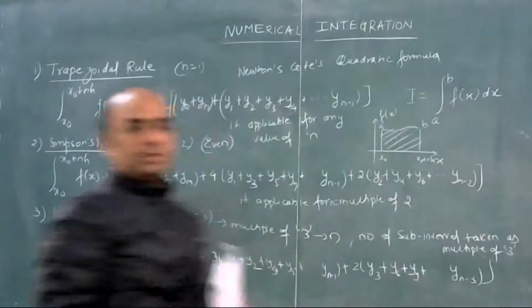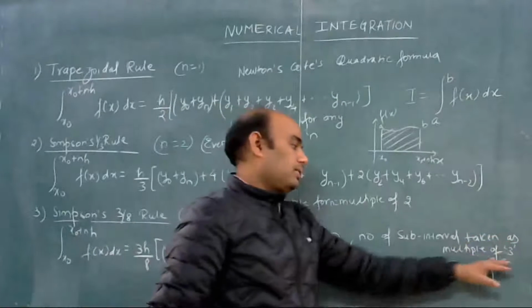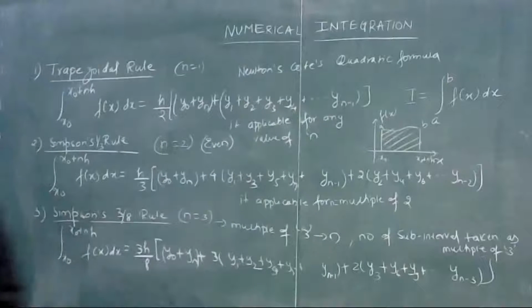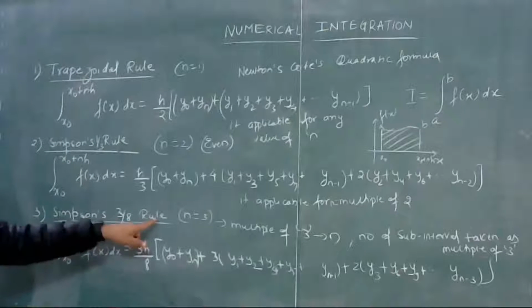We should take care of this. So when the number of sub-intervals n is a multiple of 3, these are the formulas for the trapezoidal rule, Simpson one-third rule, and Simpson 3/8 rule.